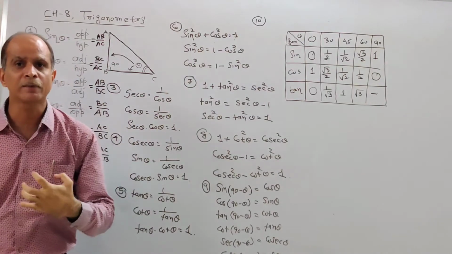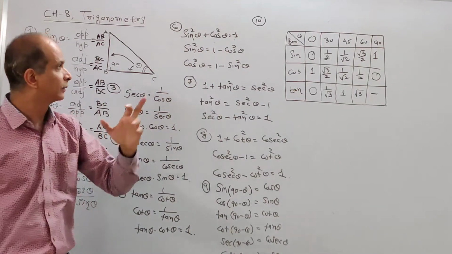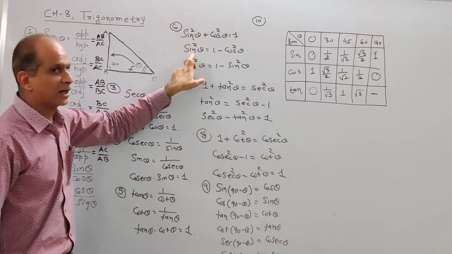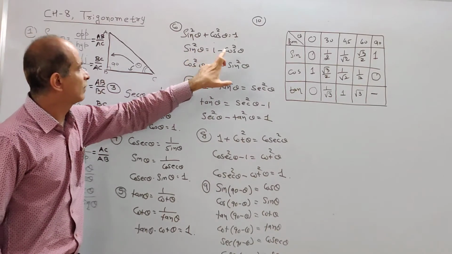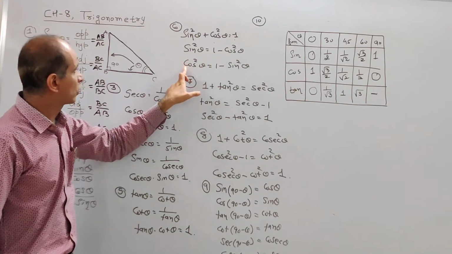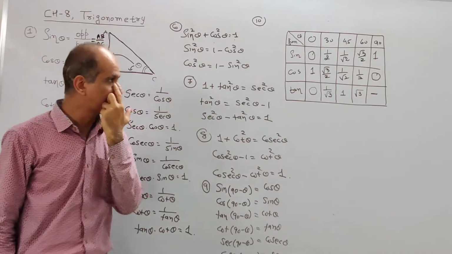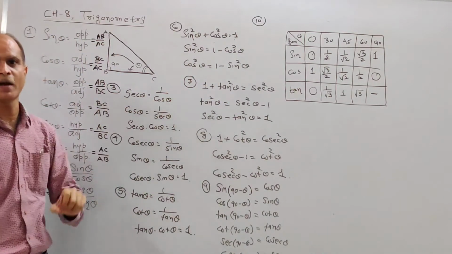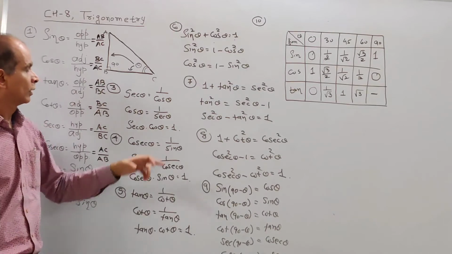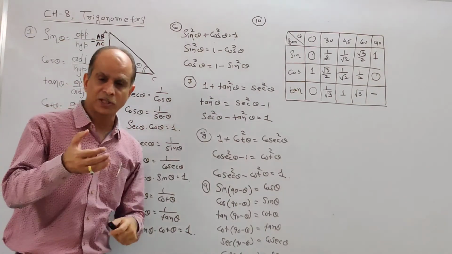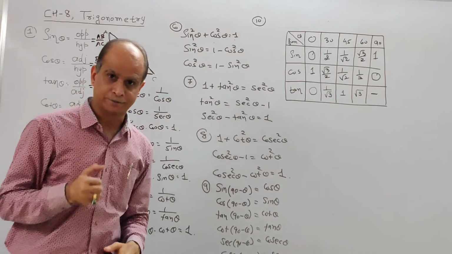From this you can prepare another two formula, that is sin square theta is equal to 1 minus cos square theta, and cos square theta is equal to 1 minus sin square theta. Now second fundamental identity, it is relation between tan and sec.